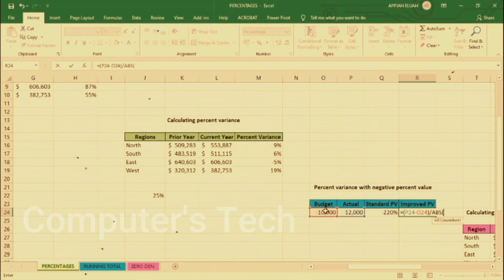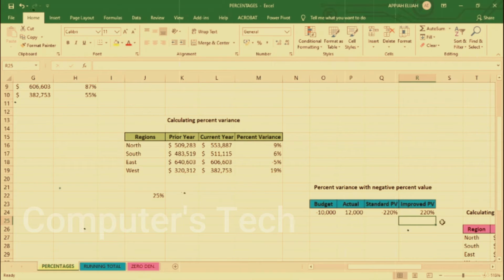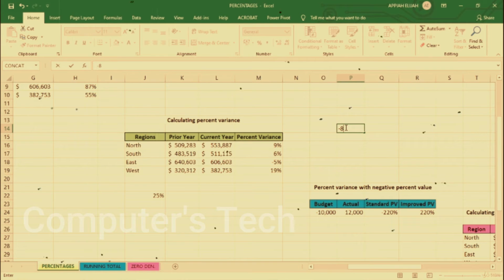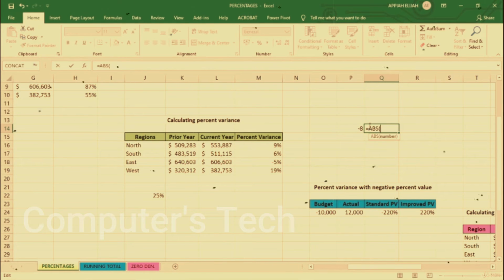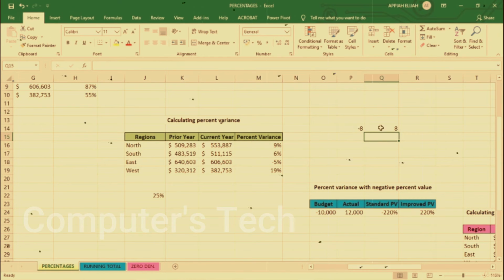ABS of the budget, and then you close it and press enter, and it will report a positive value. So if you write a negative value like -8, and then you apply the ABS function to the -8 like this, so we have to begin with an equal sign. It's a formula. So our -8 in here, and then we close the parenthesis and press enter to report a +8 value.